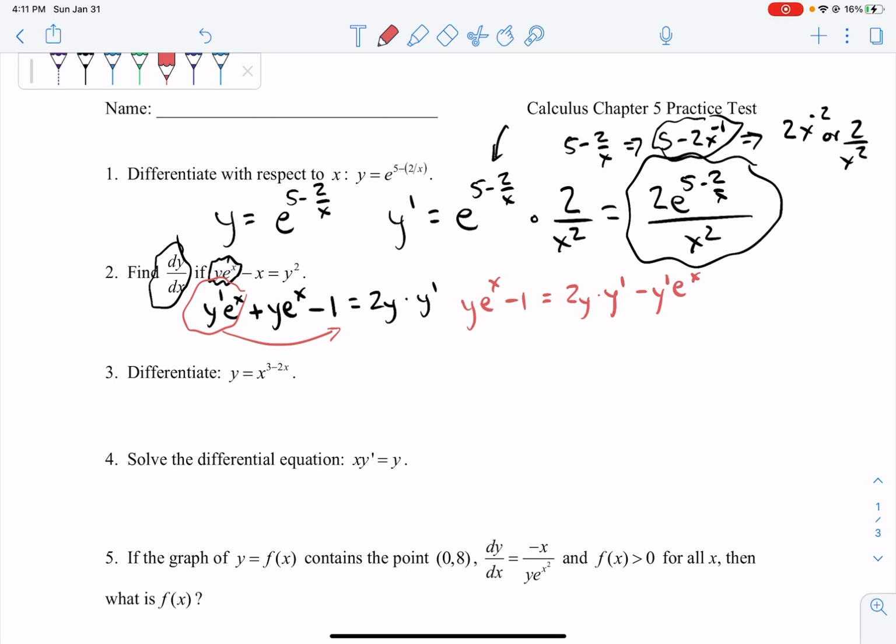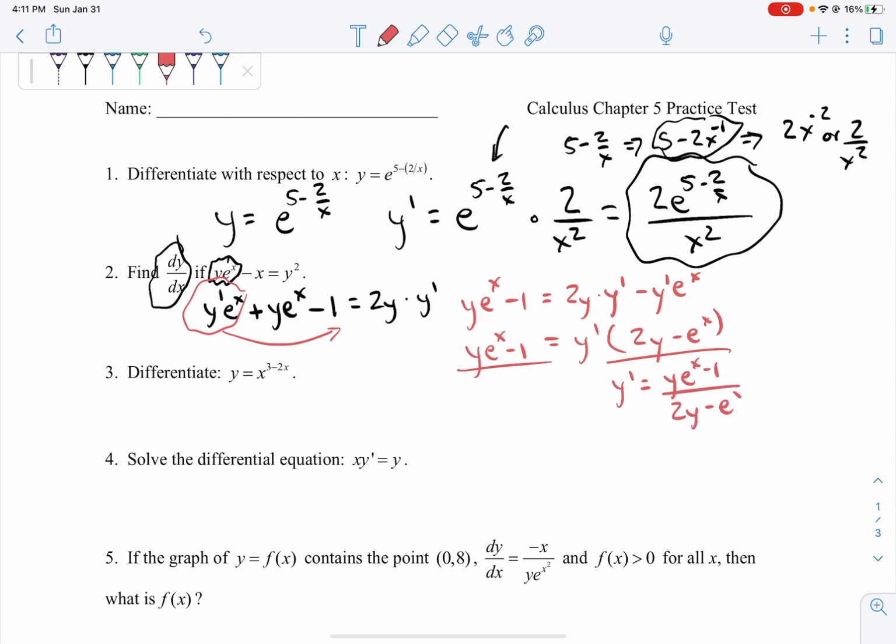When I factor out the right-hand side, I end up with y prime multiplied by 2y minus e to the x. And on the left-hand side, I still have y e to the x minus 1. To get y prime alone, I'm going to divide by that parenthesis. So y prime will equal y e to the x minus 1 divided by that whole parenthesis, 2y minus e to the x. And that's going to be my final answer.